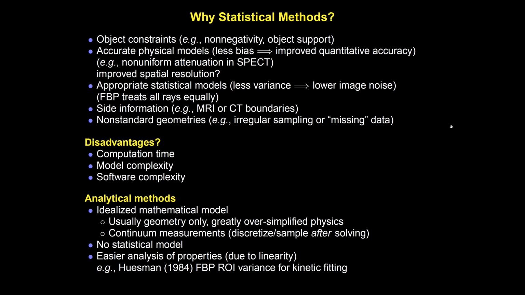For example, your reconstructed image's noise is a linear mapping of your raw data's noise. So you can easily characterize it and do more statistical analysis. This is the biggest advantage of this traditional method. It's still used nowadays.